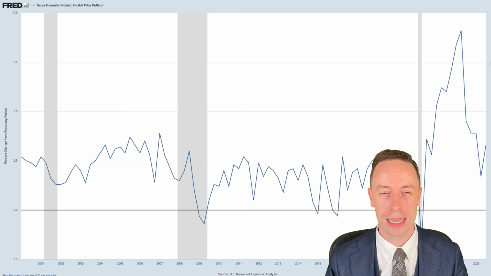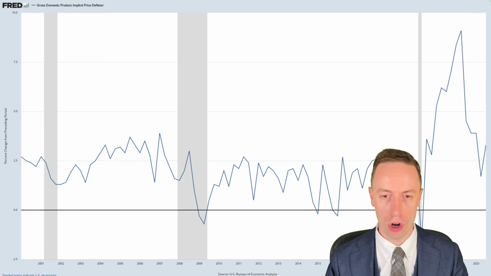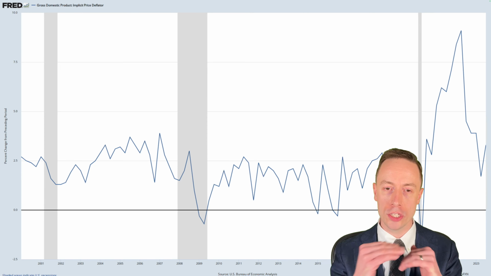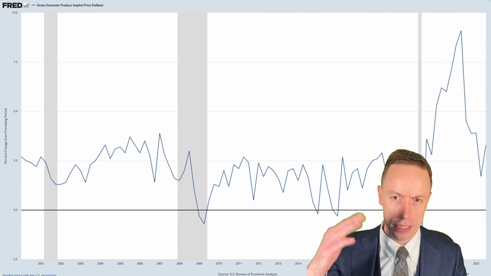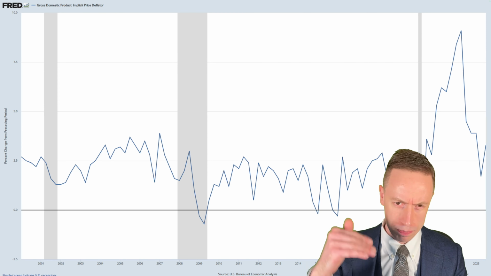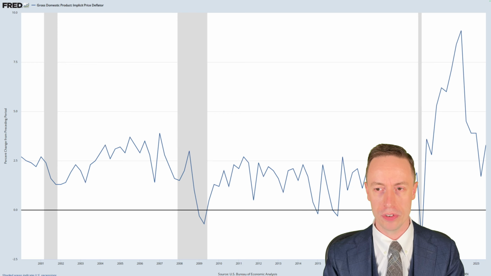All right, let's look at the gross domestic product overall deflator then for the 21st century. So as you can see, first of all, inflation, using different measures, even, is not a super smooth and stable line. Prices can increase or not increase at varying rates even throughout a given year.